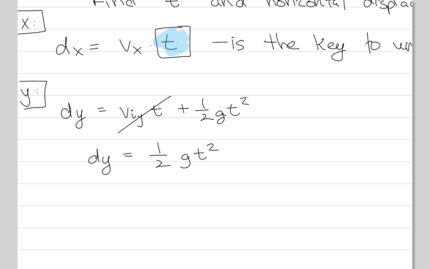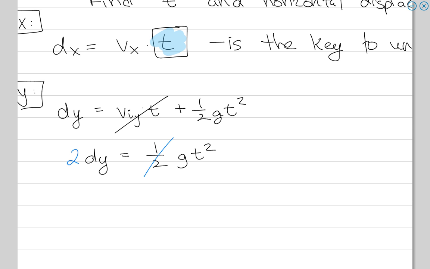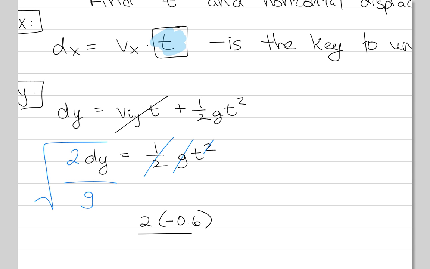Now we do some basic algebra. Times by 2 gets rid of half. Divide by g gets rid of g. Square root gets rid of square. Now, a lot of people are skipping this next step I've seen on the quizzes, and it's bothering me because it doesn't really show me what you know. You need to input the values, okay? So 2 times dy. dy is 0.6 negative.